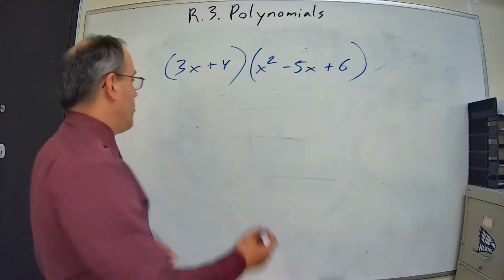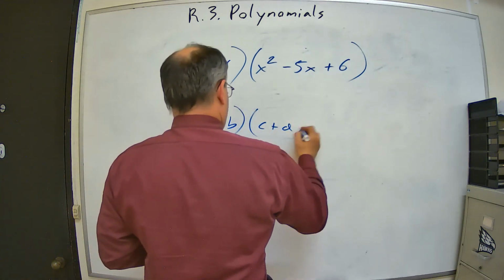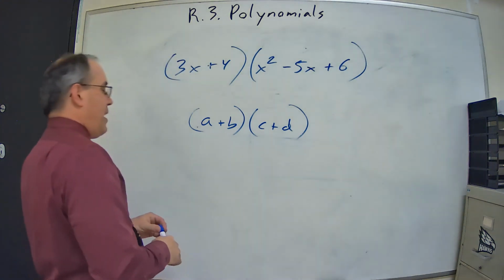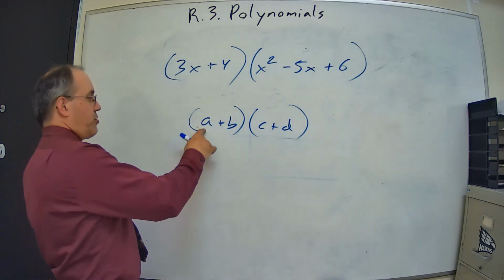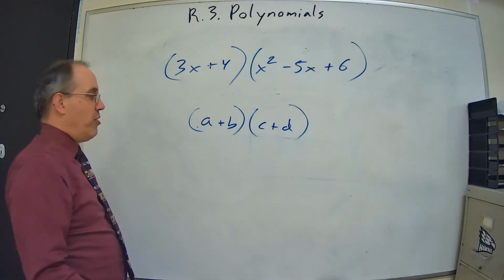With FOIL, remember it was a plus b times c plus d. You could look at it as what it's really doing is distributing the first term through the second binomial, right?